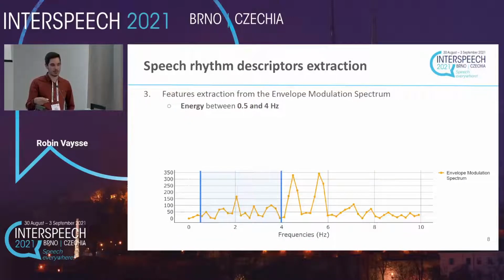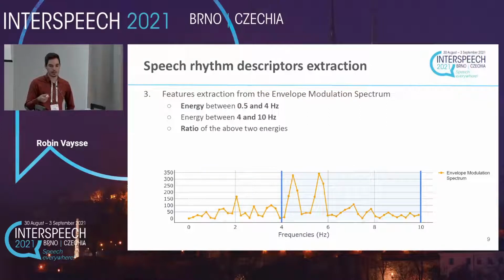And once the envelope modulation spectrum is extracted, we just have to get some features from it, and we decided to choose a set of features composed of the energy in the 0.5 to 4 Hertz band, which roughly corresponds to words and large syllables, like prominent syllables in French.